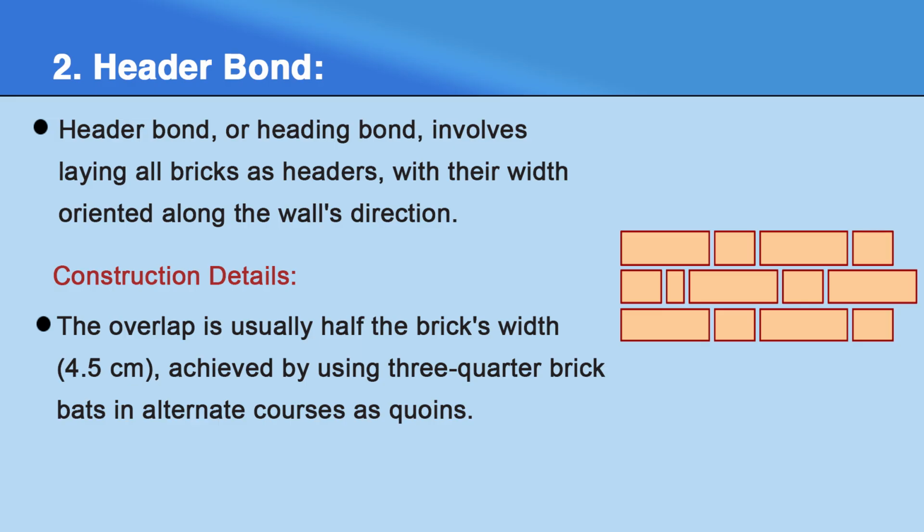This is used as quoins or the corner bricks in alternate courses. This method ensures the stability and continuity of the bond throughout the wall, especially at the corners and edges.